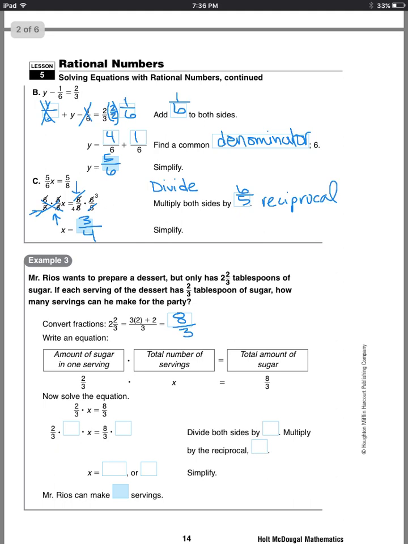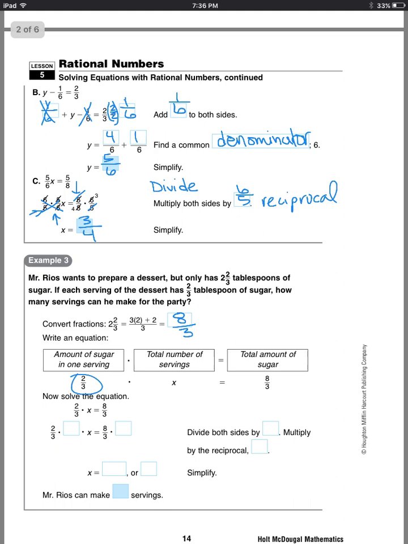So we're going to take the amount of sugar in one serving times the total number of servings, which is what we're looking for, equaling the amount of sugar that Mr. Rios has. And when you do that, you're going to make this 2/3 into your coefficient. So it's 2/3 times x, or 2/3 x equals 8 over 3.